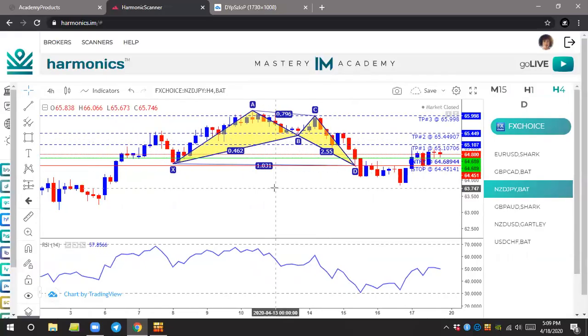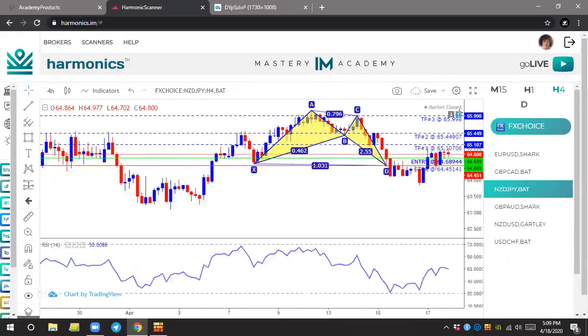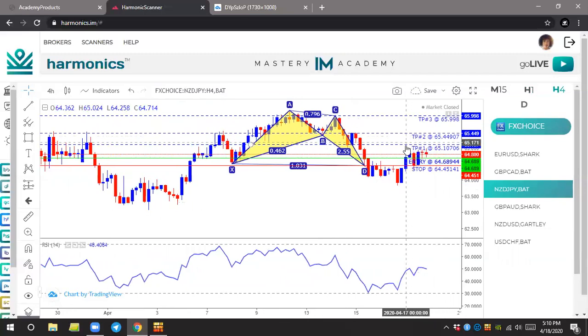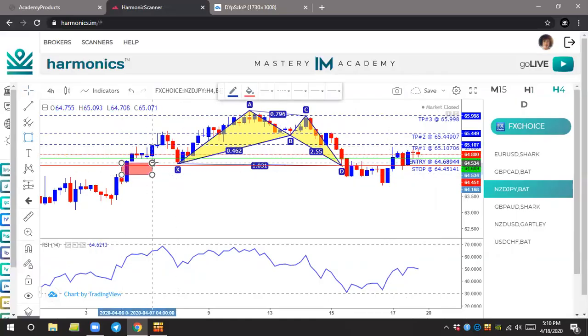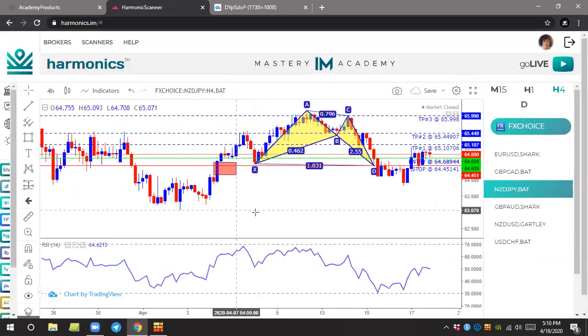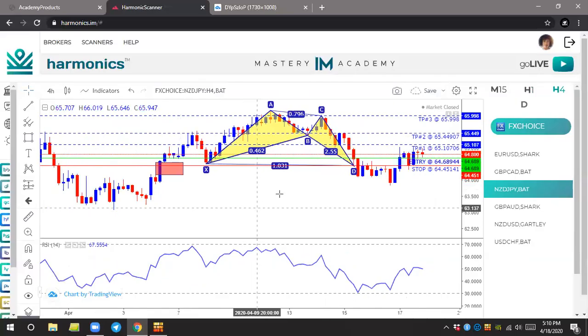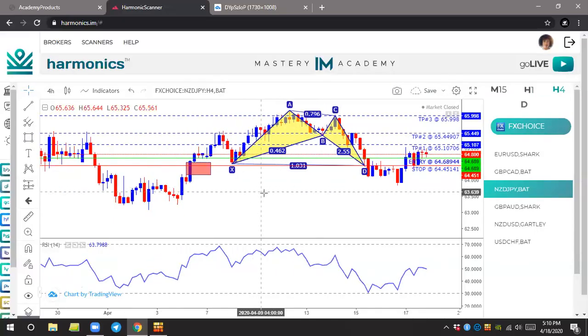Let's try to understand why it was a fail and why it did not hit off of this area right here. Well, first and foremost, guys, we have to understand that right here we had a fair value gap as well, right? So it wasn't truly at a very low point of the market just yet.